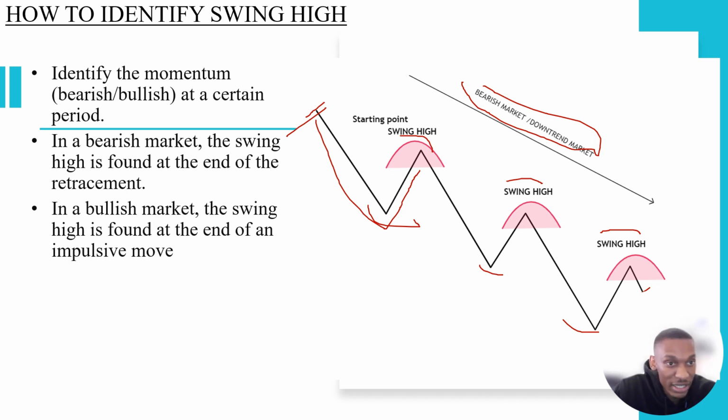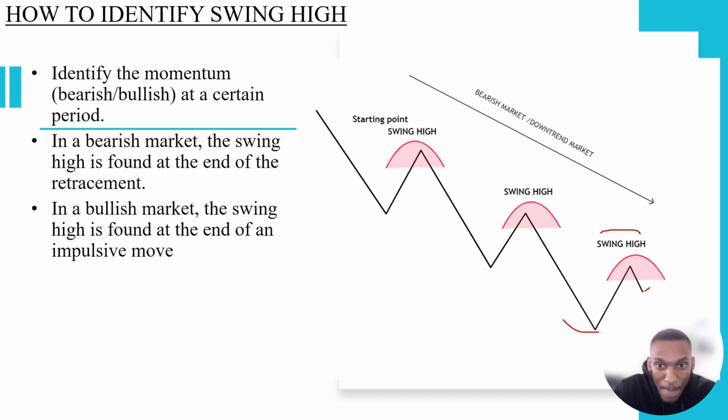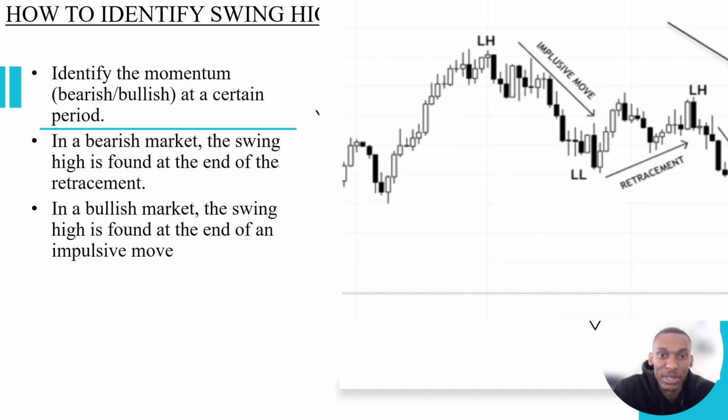Identify the momentum, whether bearish or bullish at a certain period. In a bearish market, the swing high is found at the end of a retracement. What is a retracement?